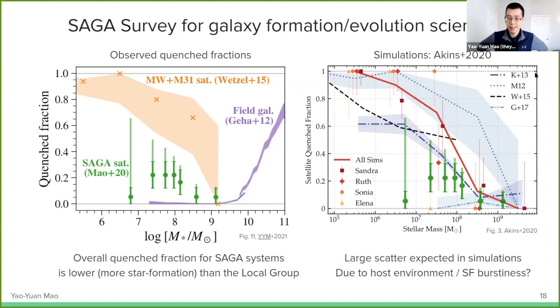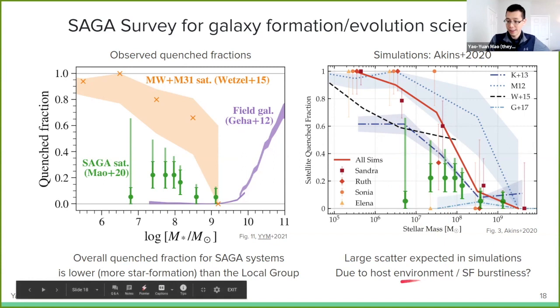Yeah, certainly. Thank you, Rachel. This is also one of our most interesting questions to come out of the SAGA Survey. As you can see in my note here, my first guess is either the environment and/or the burstiness in star formation history.